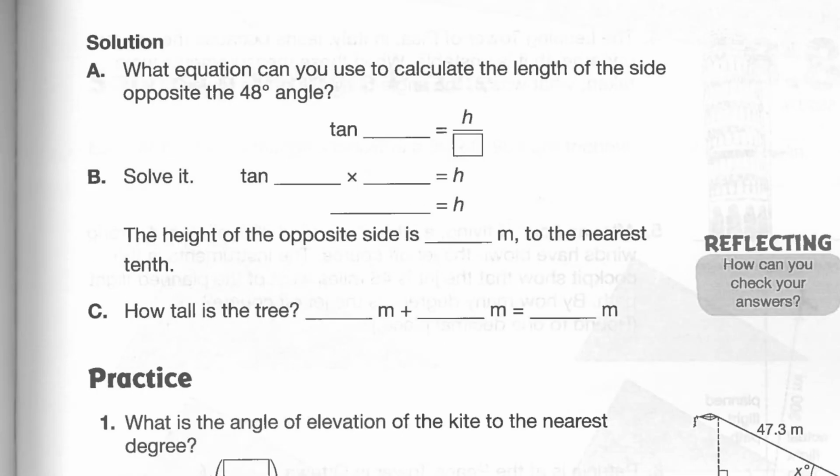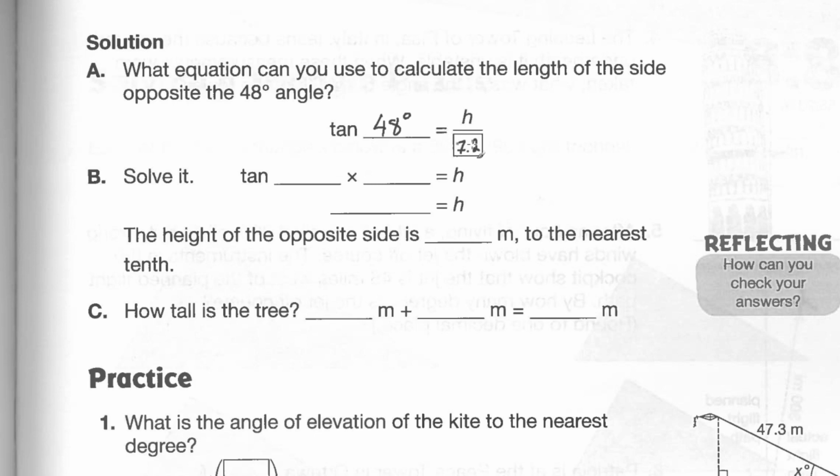First of all, what equation can you use to calculate the length of the side opposite to the 48-degree angle? Well, we have the opposite and the adjacent, so that means we're using the tangent ratio, and we put in the tan of 48 degrees. It's equal to the height of the tree divided by the distance between her and the tree, which is 7.2 meters.